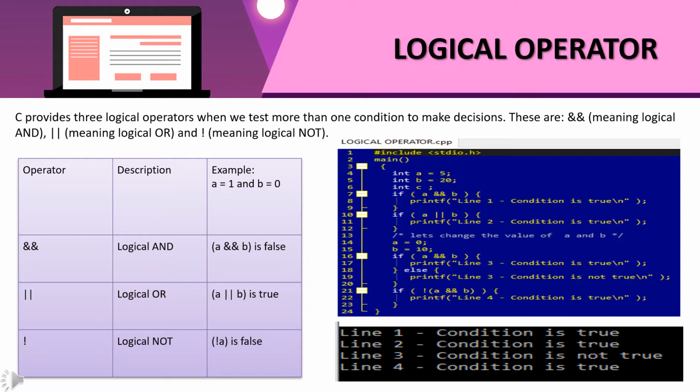And when A equal to 0 and B equal to 10, then for the if else condition, the condition is not true, and the condition is true for logical NOT of A logical AND of B.